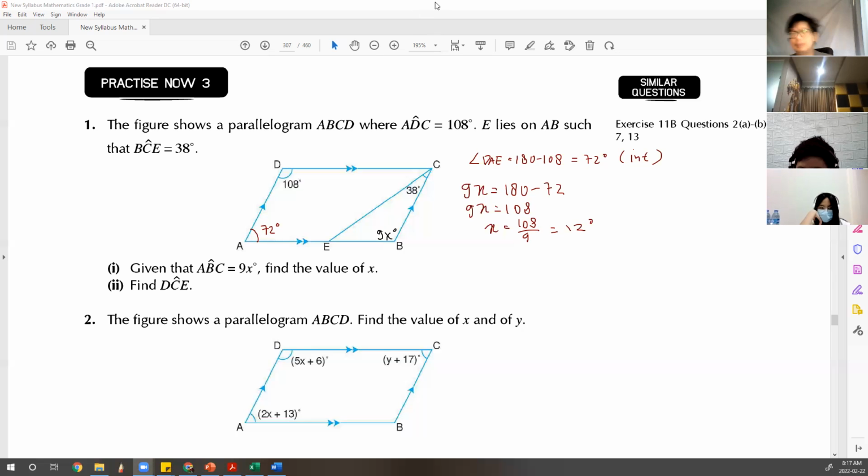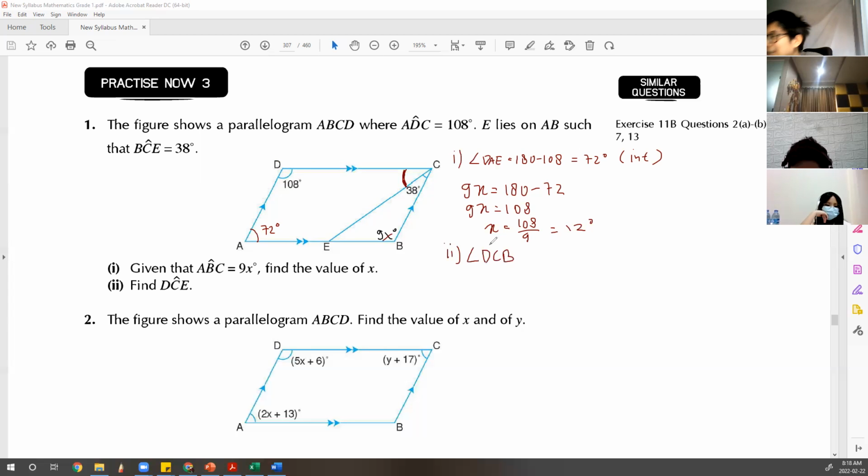Okay, next. Let's go to the next question. Find angle DCE. Okay, it is quite challenging, but we know that angle DCB, oh, this is for part 1. Angle DCB is also 72. How can it be? Because it is co-interior with 108 here. So DCB, part 2, yeah. Angle DCB, you have to look at the whole picture and the small picture, whole and big, small and big.